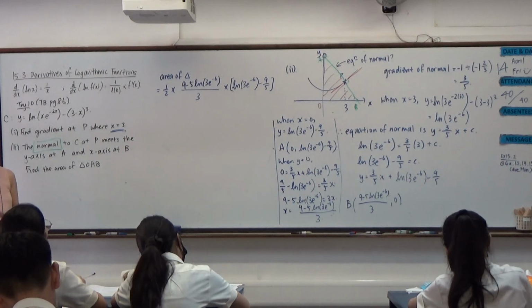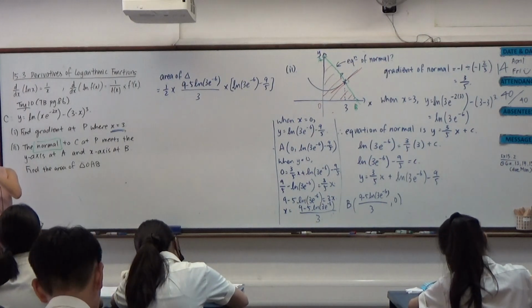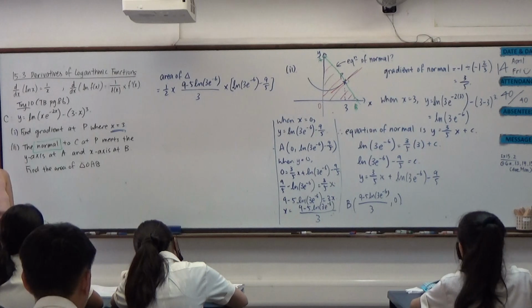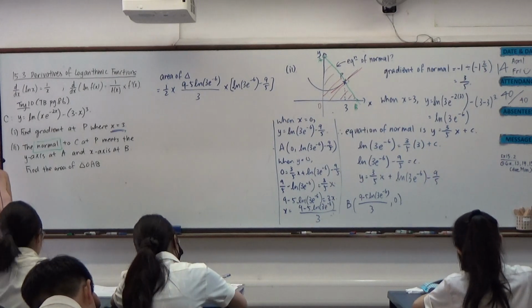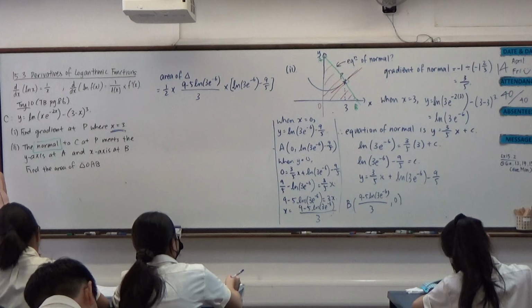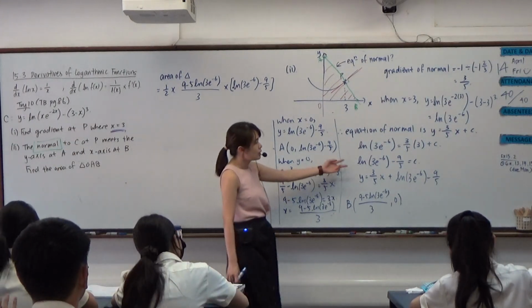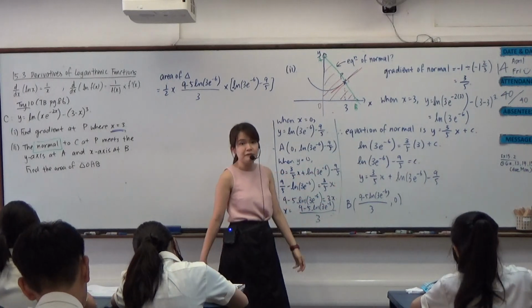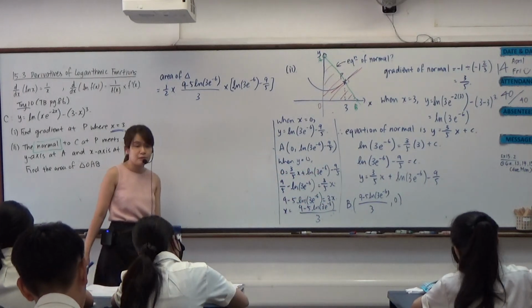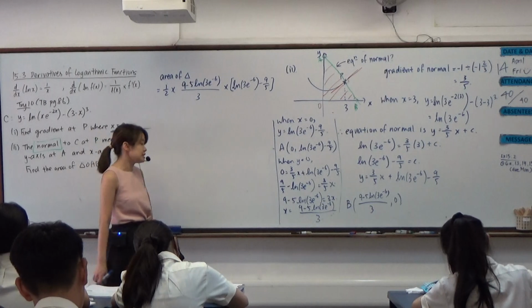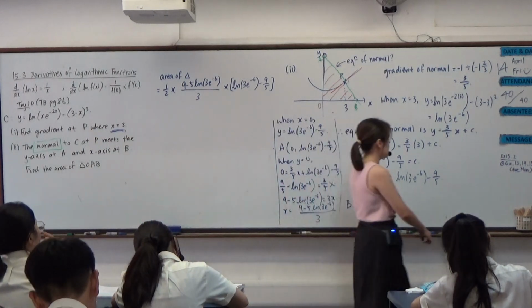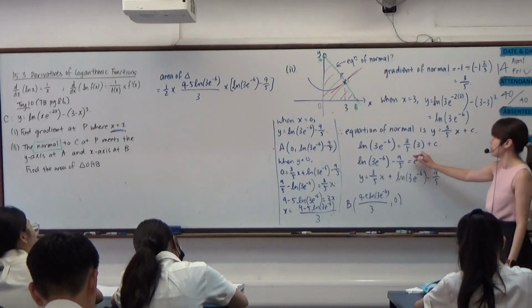Okay? It is in fact perfectly alright if you don't leave your answer in exact form for this question, since the question didn't ask for exact. So in fact, when you try to find c, if you want to leave it truncated to 5SF, that's also okay. You just have to take note of your accuracy consistently throughout the question.